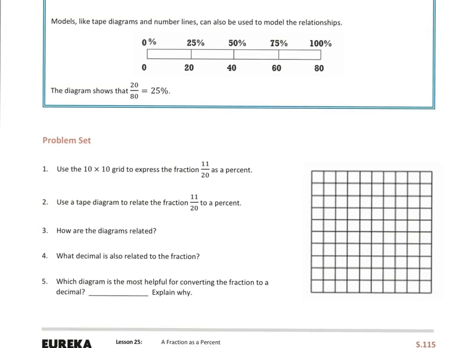So for one, to figure out how many boxes I'm going to shade, because that's a 10 by 10, which means there's 100 of them, I need to turn this into a fraction out of 100. So I know to get from 20 to 100, I can go times 5. So I'm going to go times 5 on the top.